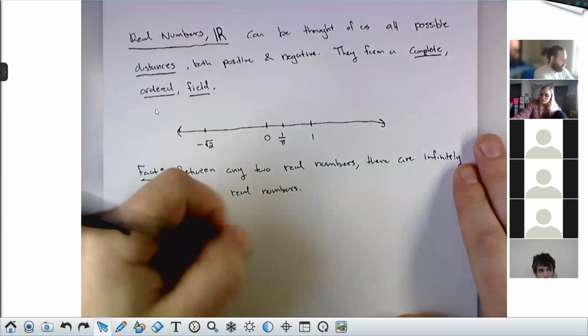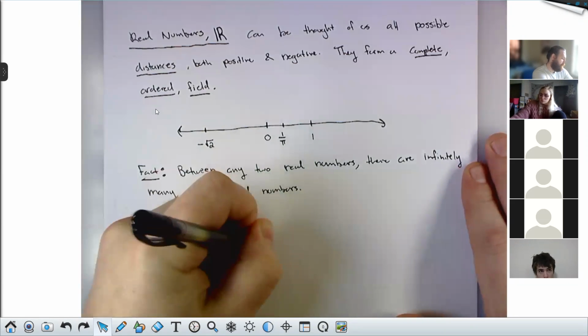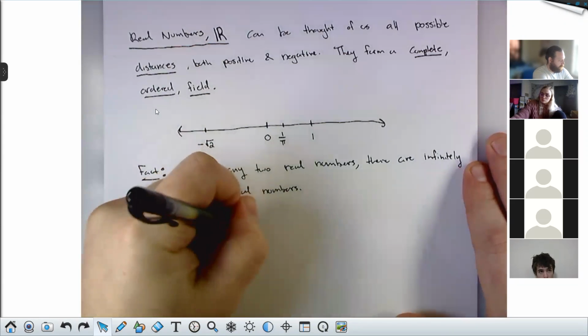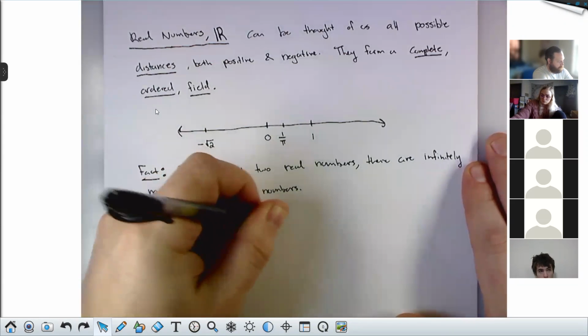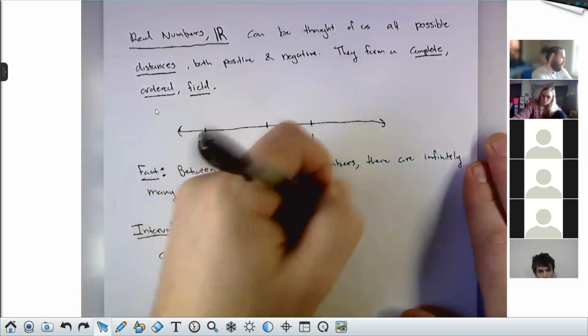Open and closed are not necessarily opposites of each other. What they mean are this. So the open interval, let me say this also, let A be less than B be real numbers.